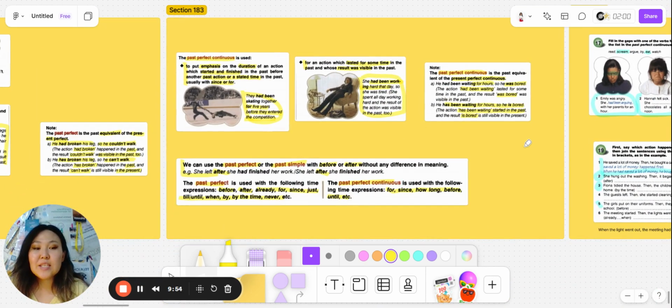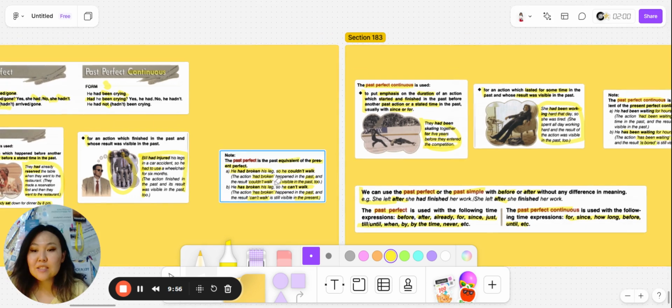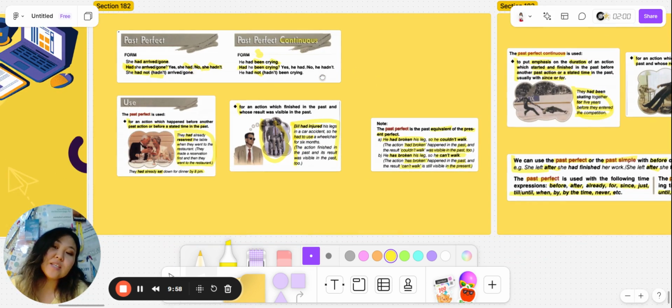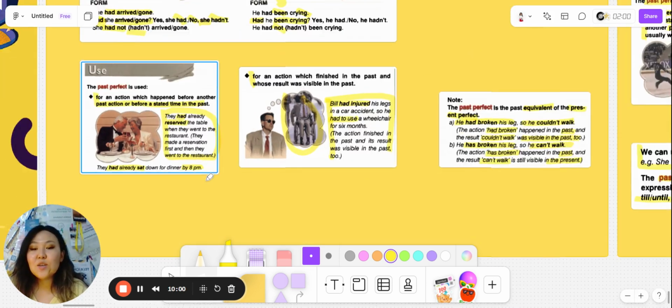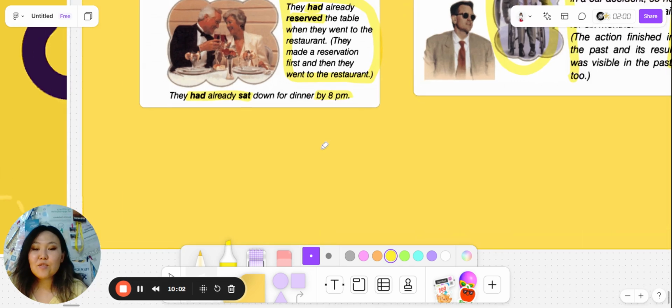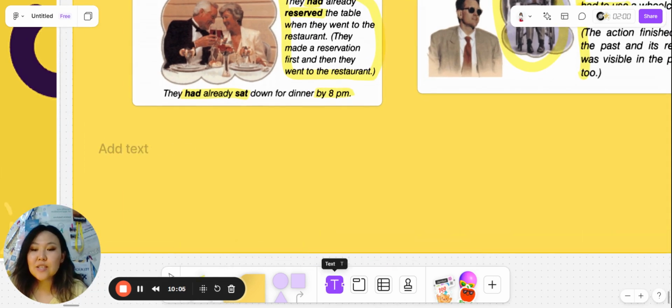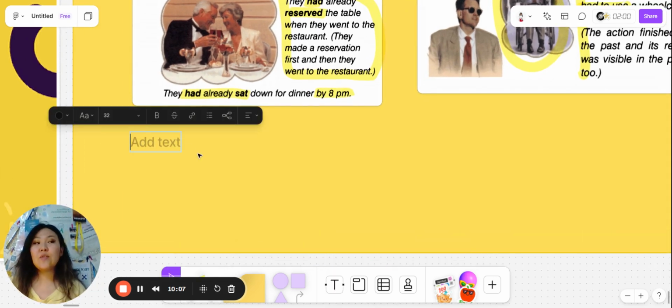Then I'd like to make some examples for you. Let's make examples with past perfect and past perfect continuous. So I can say, for example, let's imagine that I go to work and then I come home.